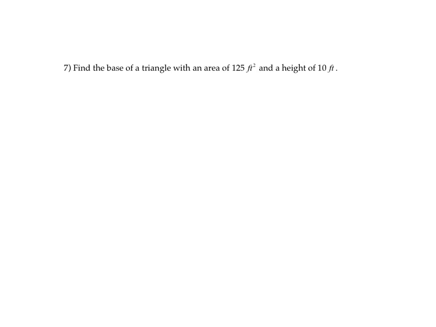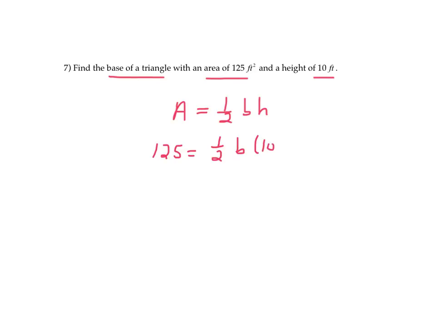Okay, in our final example, it says find the base of a triangle with an area of 125 square feet and a height of 10 feet. So again, start with your formula. Formula for the area of a triangle is area equals 1/2 times the base times the height. Plug in what you know. We know the area is 125. We don't know the base, but we do know the height is 10.